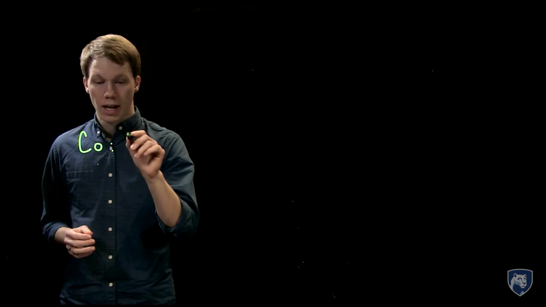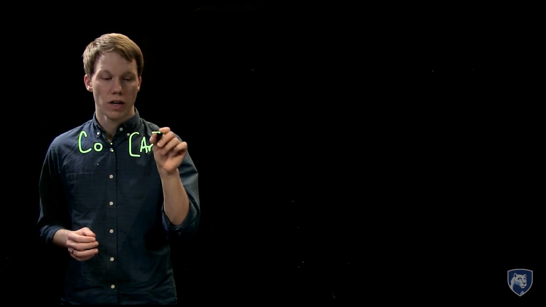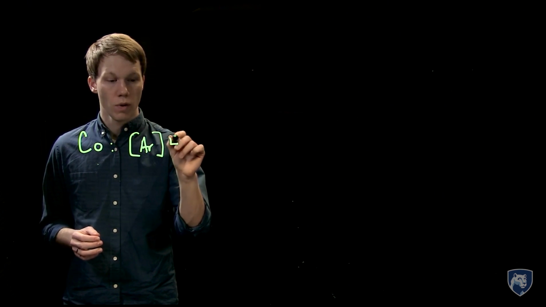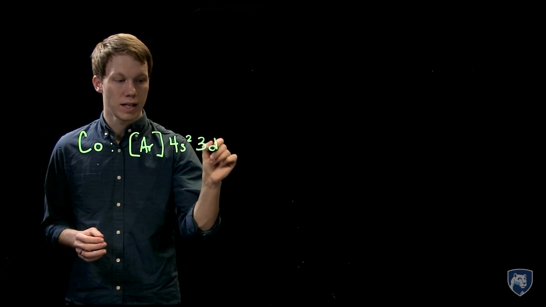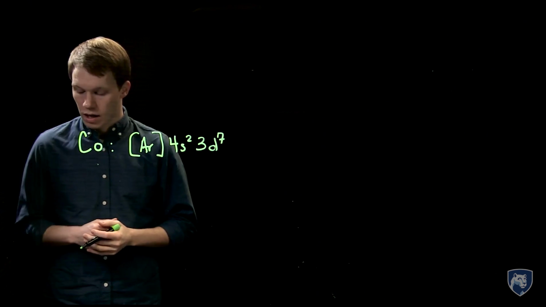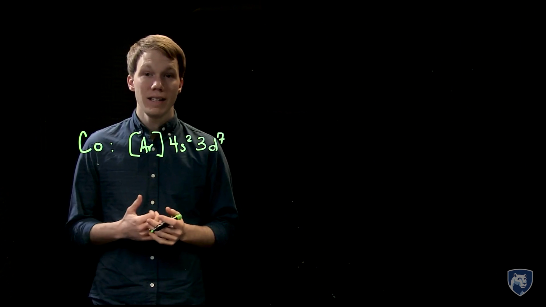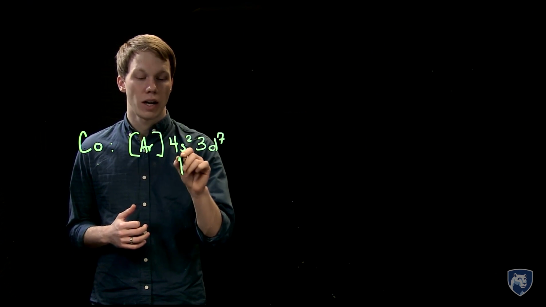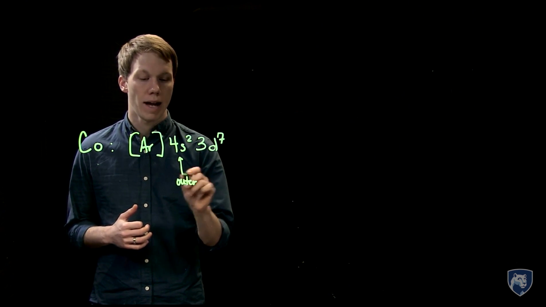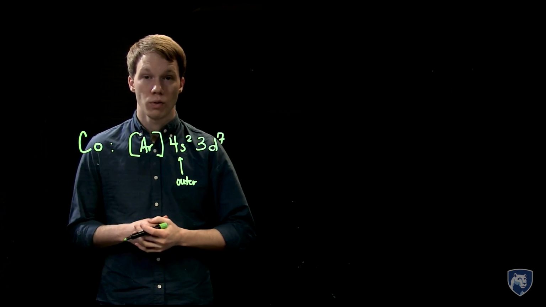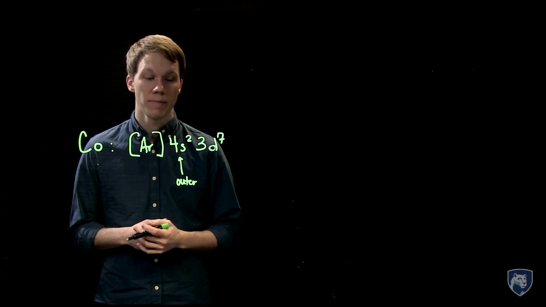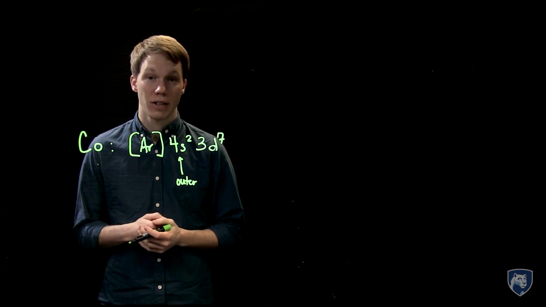Take cobalt, for example. Cobalt has noble gas configuration of argon, 4s2, 3d7. So in this case, my outer electrons are my highest n as usual. So I have 2 outer electrons, and those are also my valence electrons.